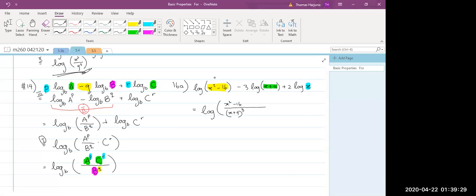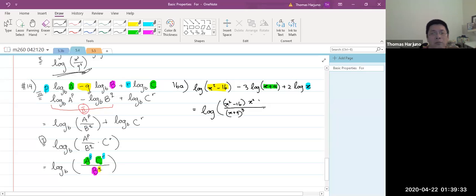X squared on the numerator. Okay, now then from here, we are actually done. If you think about it, we are actually done. Anything after this is because I see that x squared minus 16 is factorable, and we can cancel something later on.